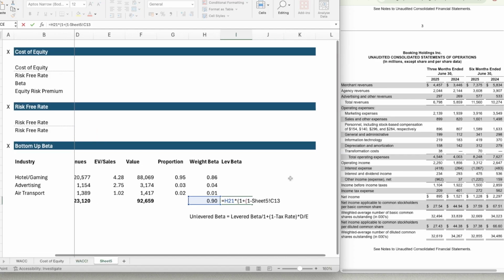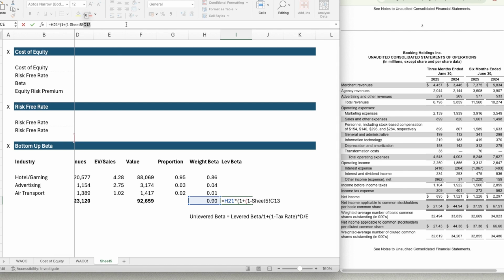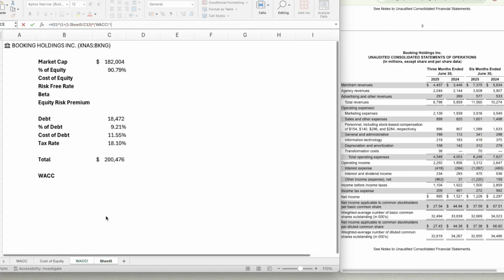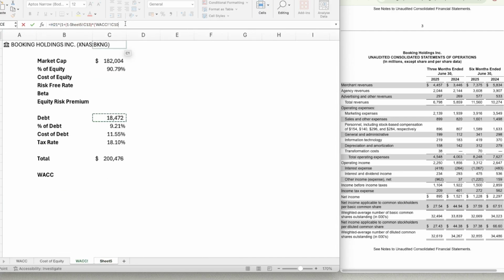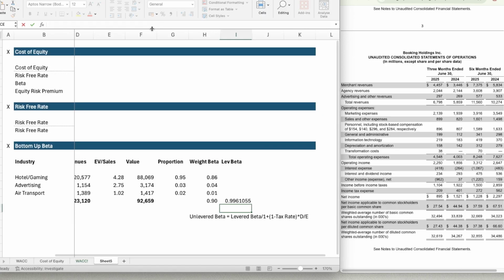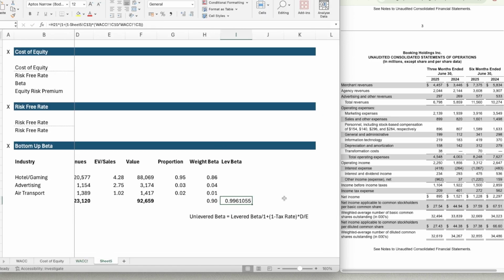Let's get some more space here, multiplied by our debt divided by our market cap, and that should give us what we need. And there we are. So the levered beta is, well, it's 1.